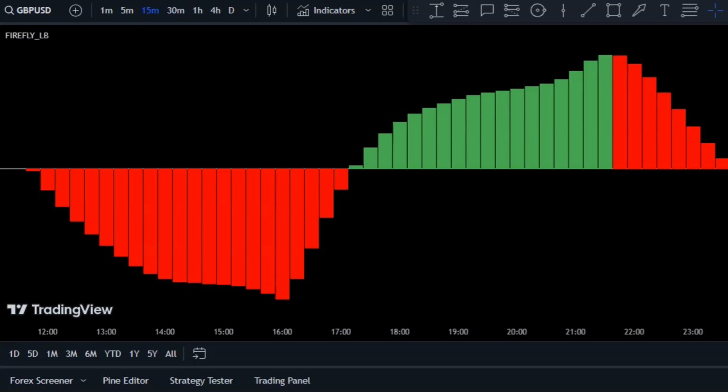So, when you see a buy signal along with a green histogram, consider it confirmed. Similarly, if you spot a sell signal accompanied by a red histogram, that's also a confirmation.